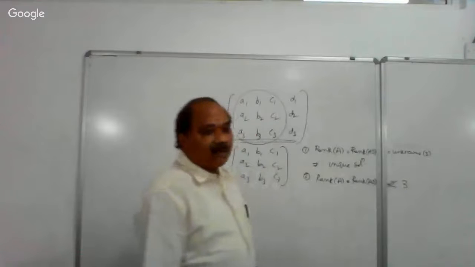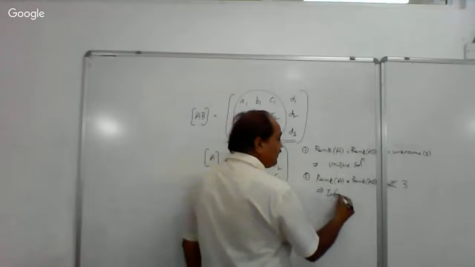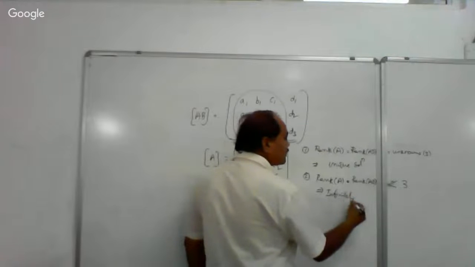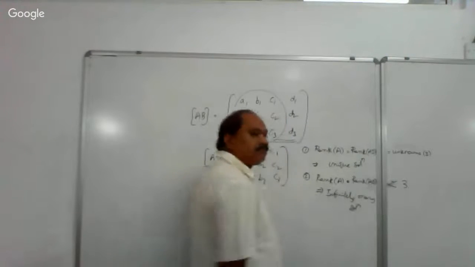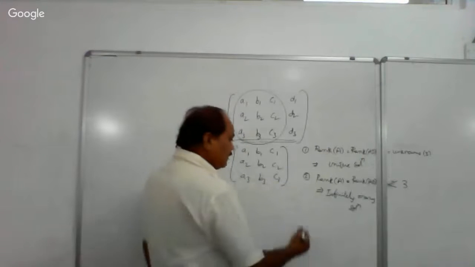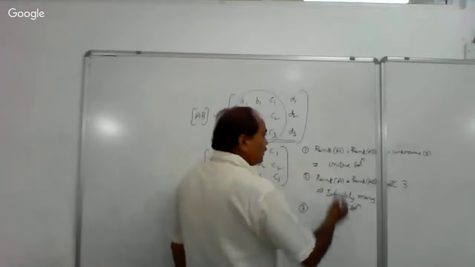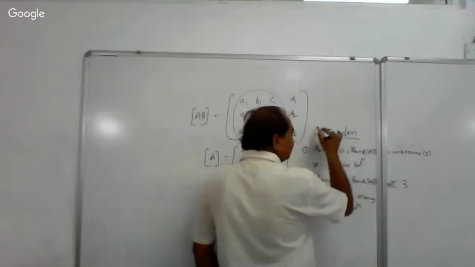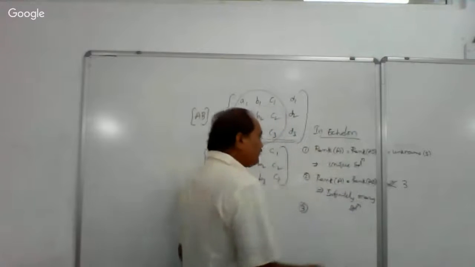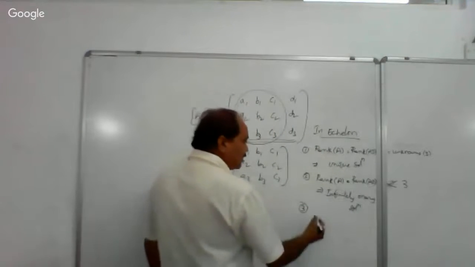Then the system has infinitely many solutions. Of course, from the echelon form only we can get these results.